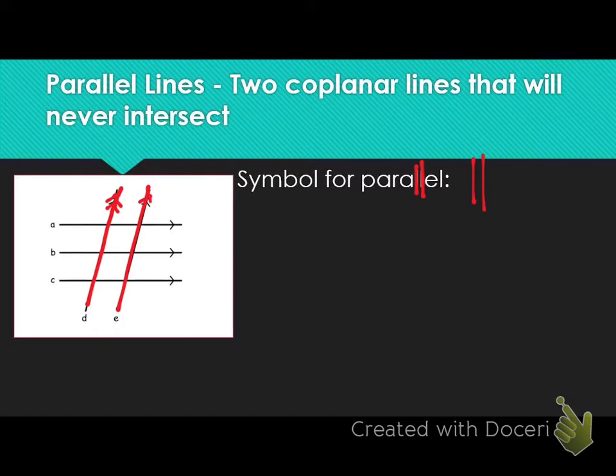Can I name them with arrows? No. What would I name them with? Line, and then D. So we'd say line D is parallel to line E.